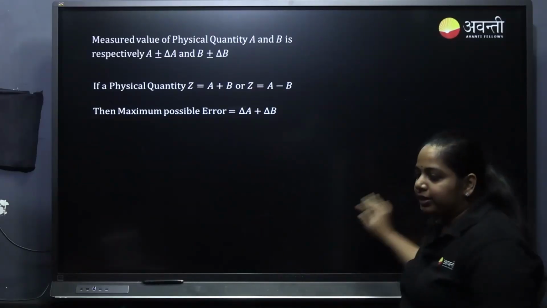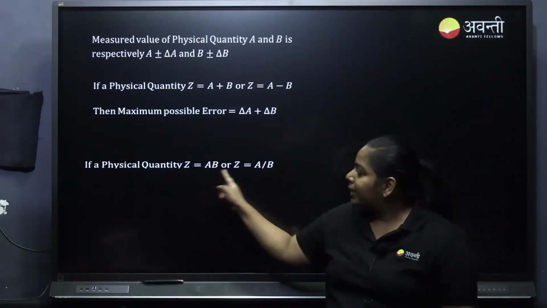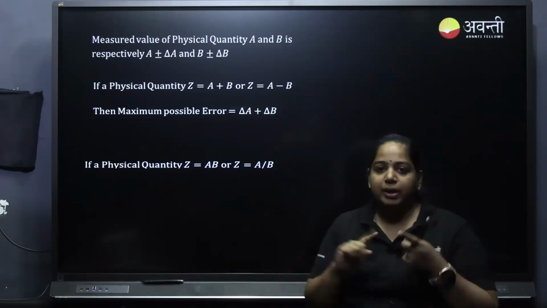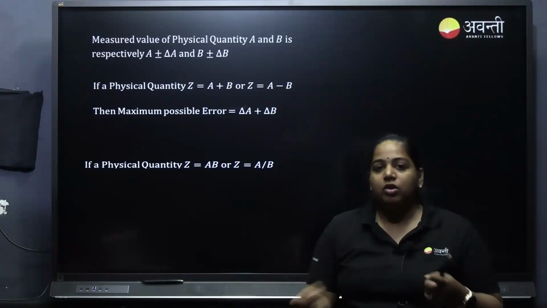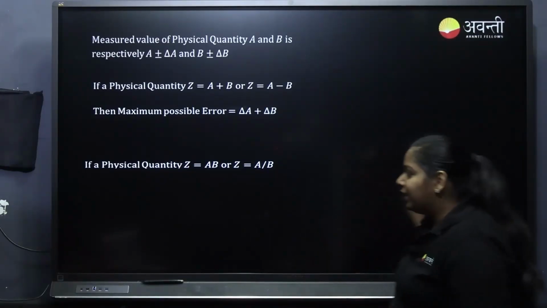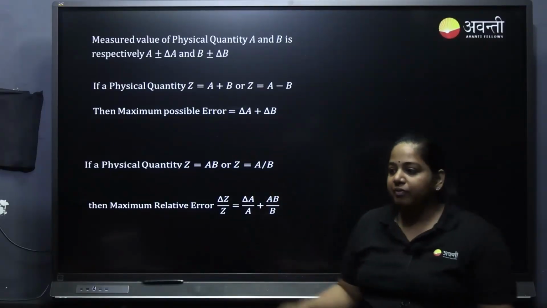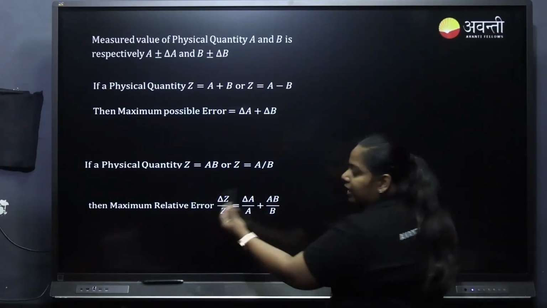That is one rule. Second rule is, if we are multiplying, z equal to A into B, like mass into acceleration, force into displacement, then the absolute error we cannot find. We can only find relative error here.